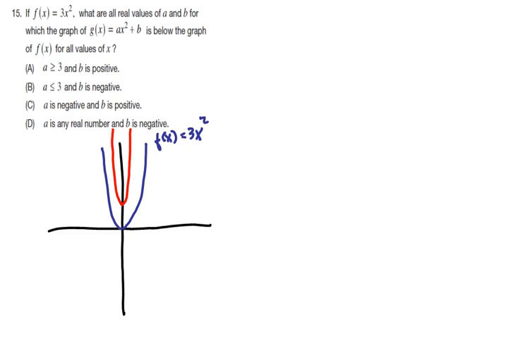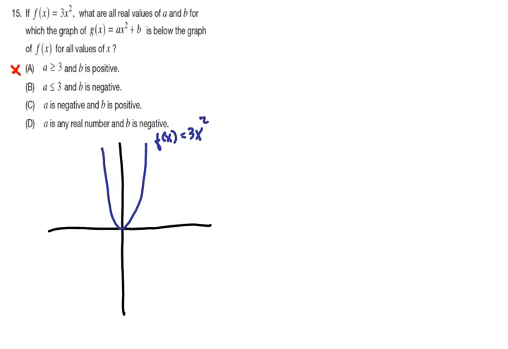However, we're looking for the values of a and b for which g of x is below f of x for all values of x. And here g of x is above f of x for all values of x. So that's not possible.